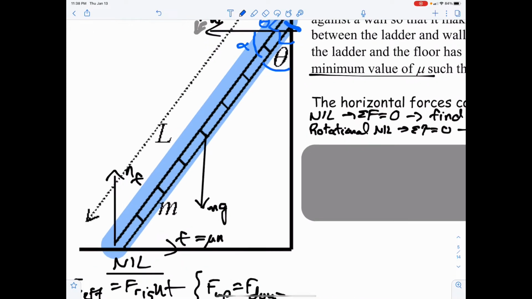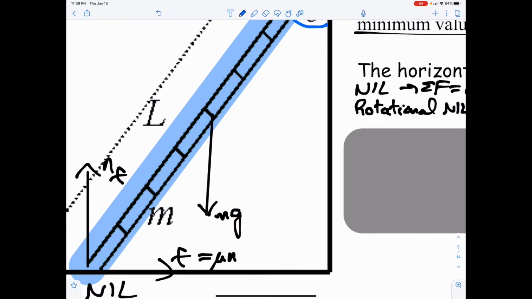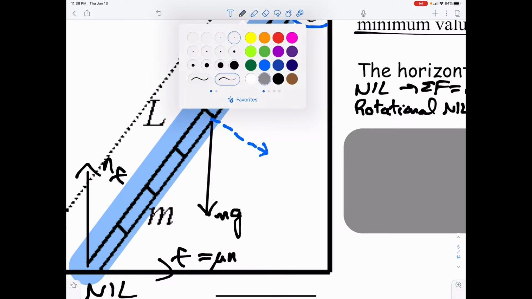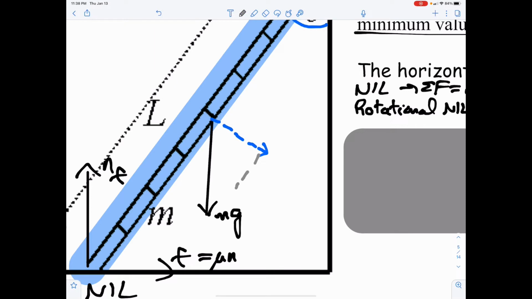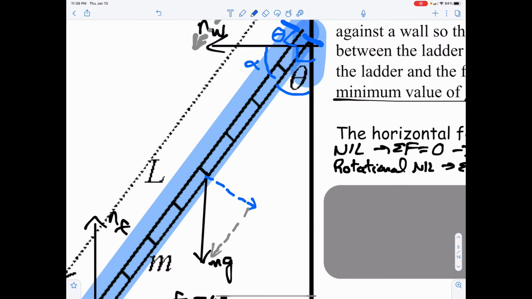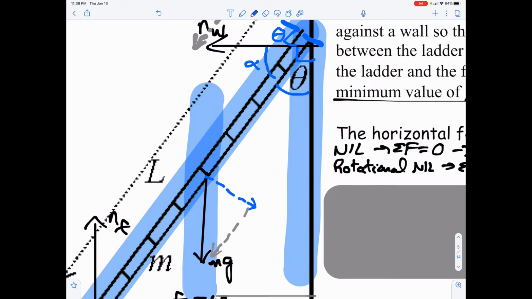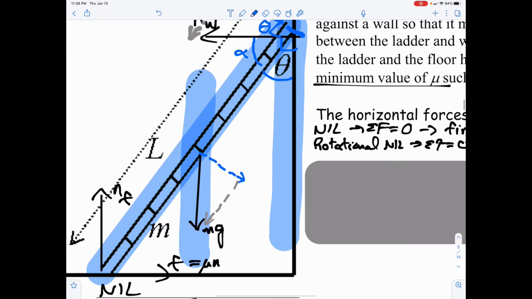Let's go down to the weight. Well, part of the weight goes this way, and part of the weight goes that way. Again, let's talk about angles. Here's our wall. You can see our weight vector runs parallel to the wall. Here's our transversal.